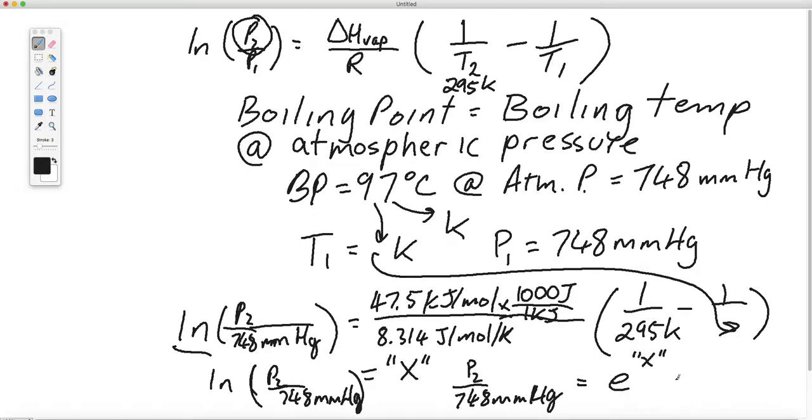And we can do that in the calculator using the inverse natural log button, the inverse ln, or the second function ln button. Then you can see that getting P2 is pretty easy. We just multiply both sides by 748 millimeters of mercury, and that will lead us to our P2 value.